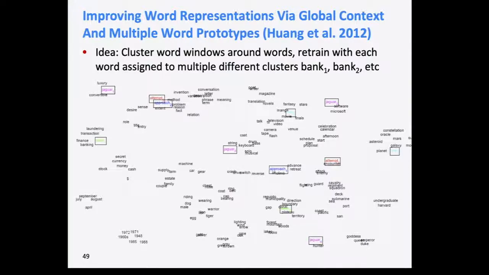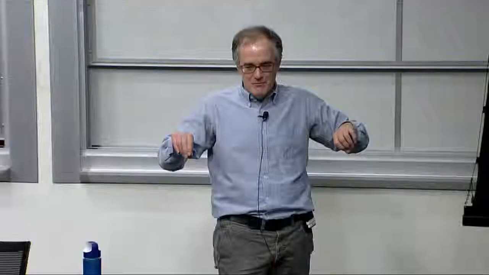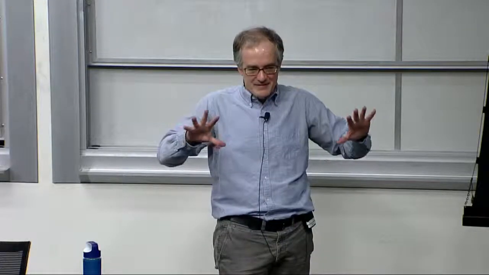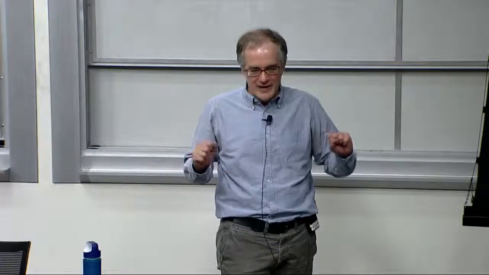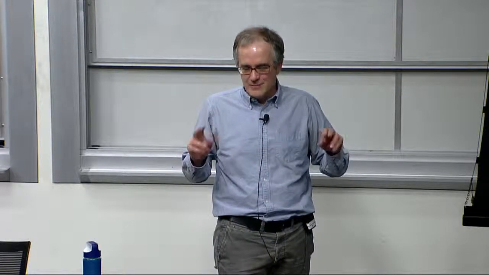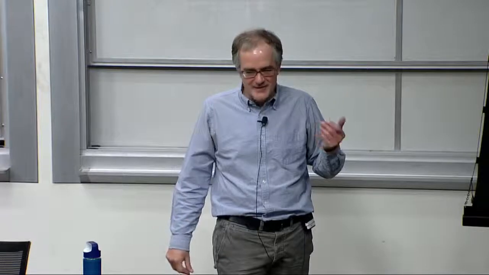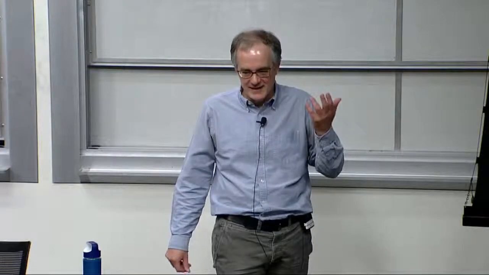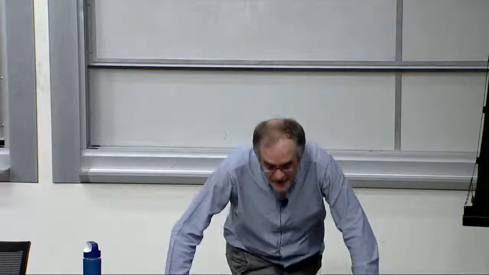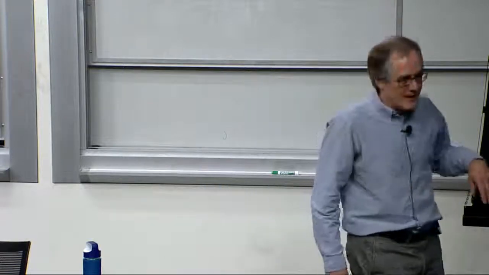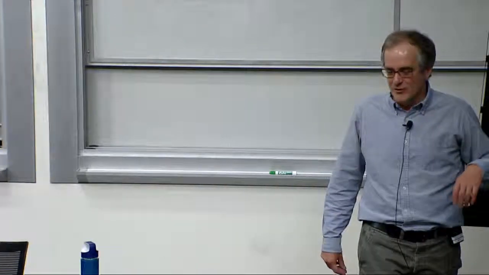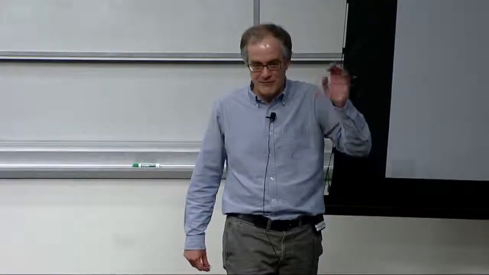For each common word, we cluster all the contexts in which it occurs, and then we see if there seem to be multiple clear clusters by some criterion for that word. If so, we split the word into pseudo words. If there seem to be 5 clusters for the word, the example I meant to use here is jaguar, we'll just call them jaguar 1, jaguar 2, jaguar 3, 4, 5.